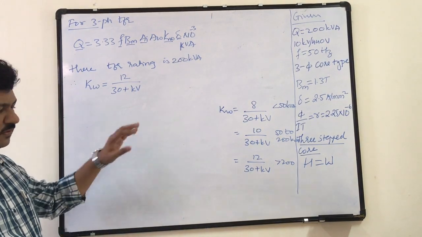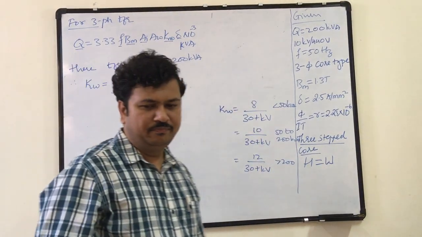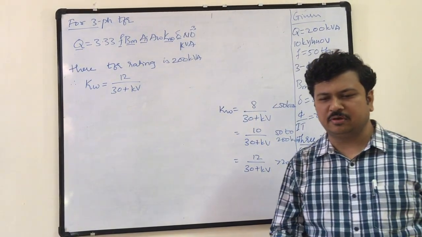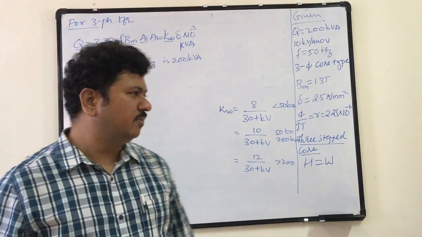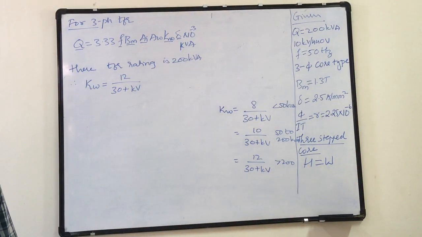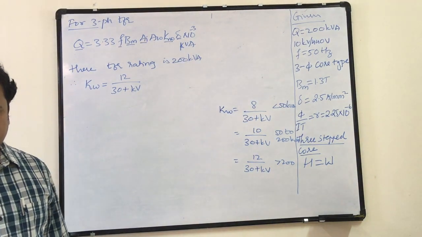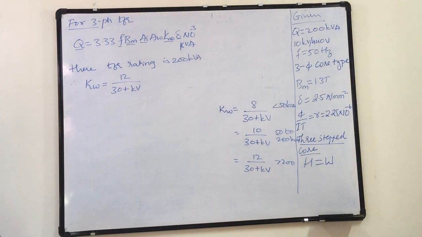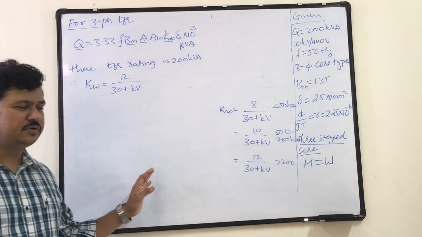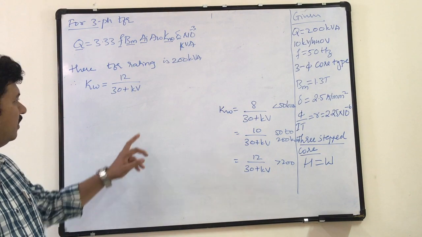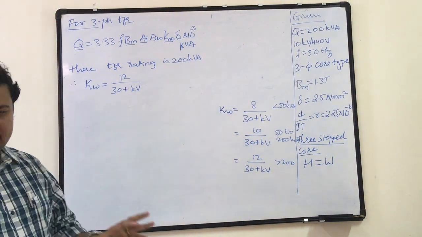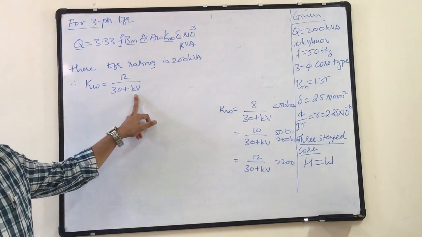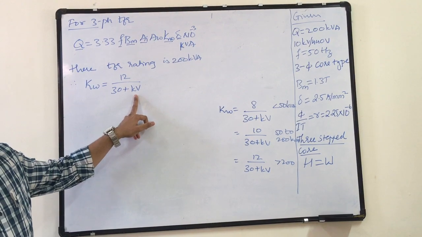Whatever the transformer design we are doing, please remember, we are not specifically doing it for step down transformer or step up transformer. Because transformer is a bilateral device, the transformer we fabricate can be used as step up or step down. So there is no specific operation of the transformer given, whether it has to be used for step up or step down. Therefore this kV rating is not mentioned whether it is for primary or secondary. It is only for the HV winding.